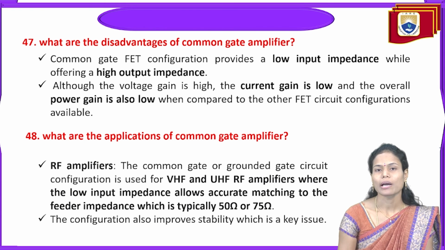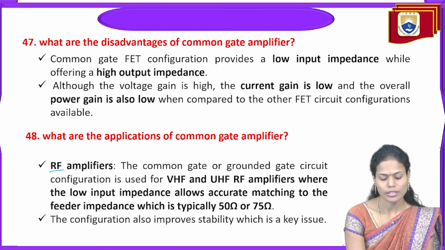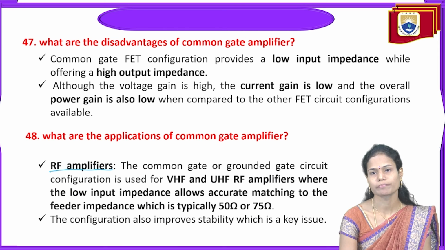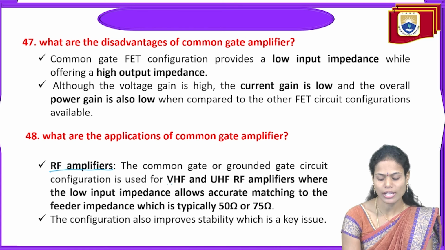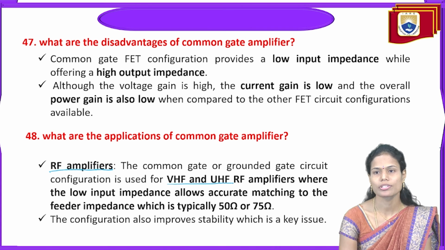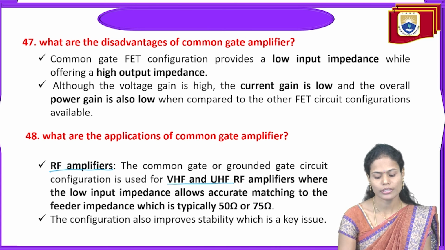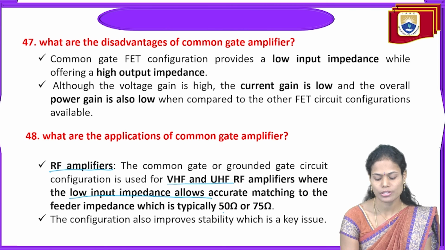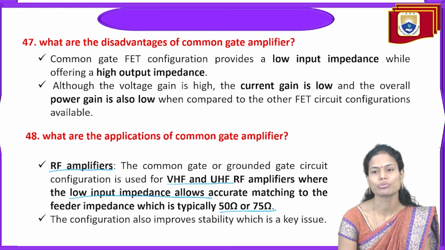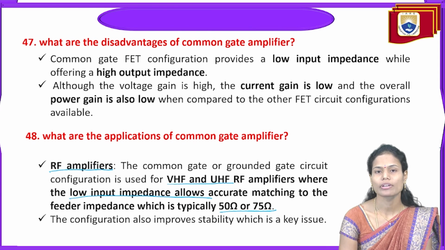These common gate amplifiers we can generally utilize for radio frequency amplifiers. In that, we can utilize them for very high frequency as well as ultra high frequency RF amplifiers, where the low input impedance allows accurate matching to the feeder impedance, which is typically 50 ohms or 75 ohms.